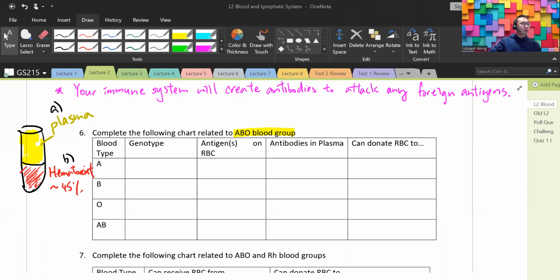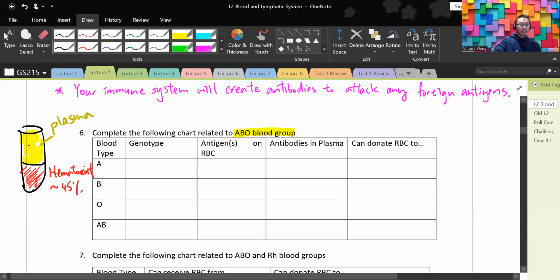All right, this is the result. 10 of you say it's in the plasma, 8 of you say it's in the hematocrit. The antibodies are found in the plasma. These are the antibodies. Antibodies are Y shape. The hematocrit is where you will find the red cells, and the surface of the red cell is where you will find the antigens.